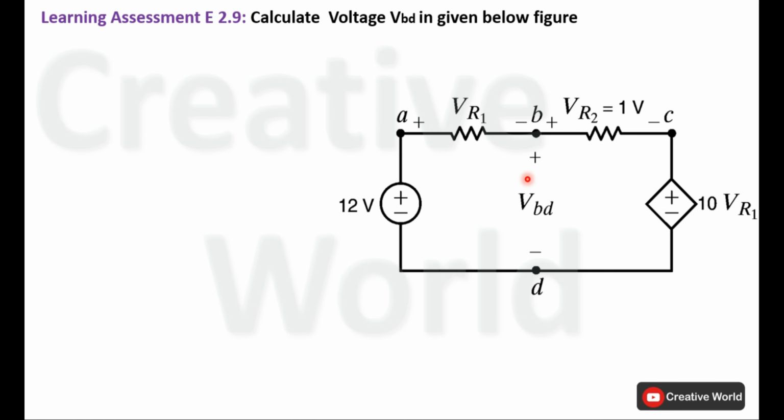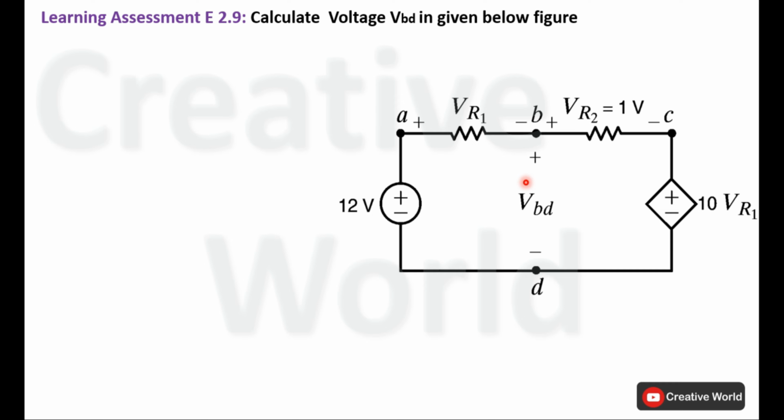Before we calculate the value of VBD, we should have the value of voltage across all elements in this circuit, while the voltage of this resistor 1 and voltage of this dependent source are not given. First we will calculate voltage across all elements in this circuit and then we can calculate voltage across these 2 points. We will use Kirchhoff's voltage law to calculate the unknown voltage across these elements.